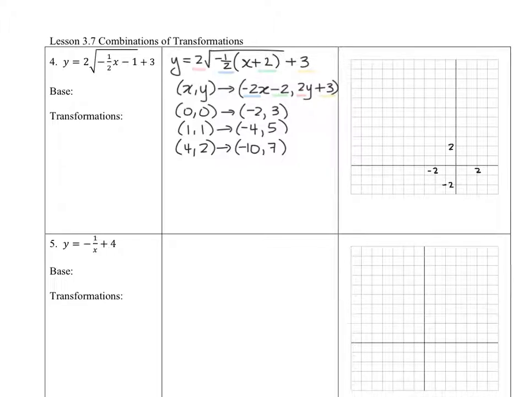So now we have negative 2, 3. We have negative 4, 5. And then we're going to have negative 10 and 7. And there's our root function. Again, make sure you put the arrow on the end that continues. Don't put an arrow for the origin point.